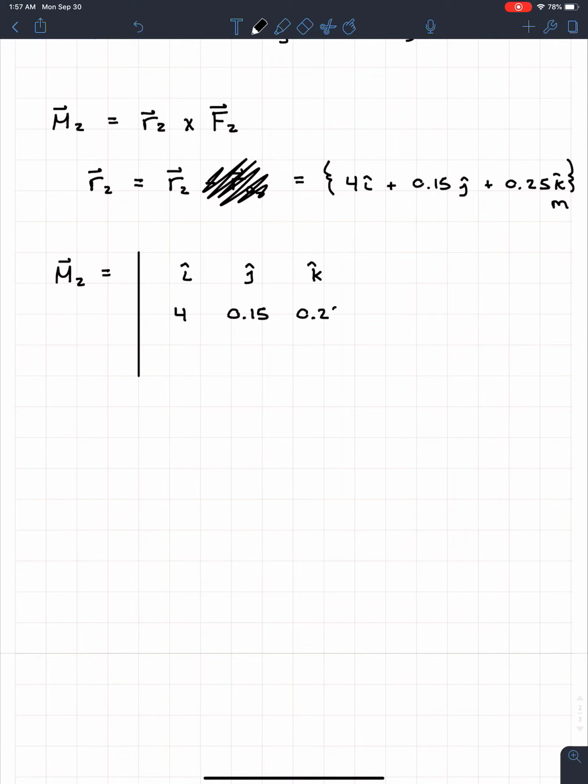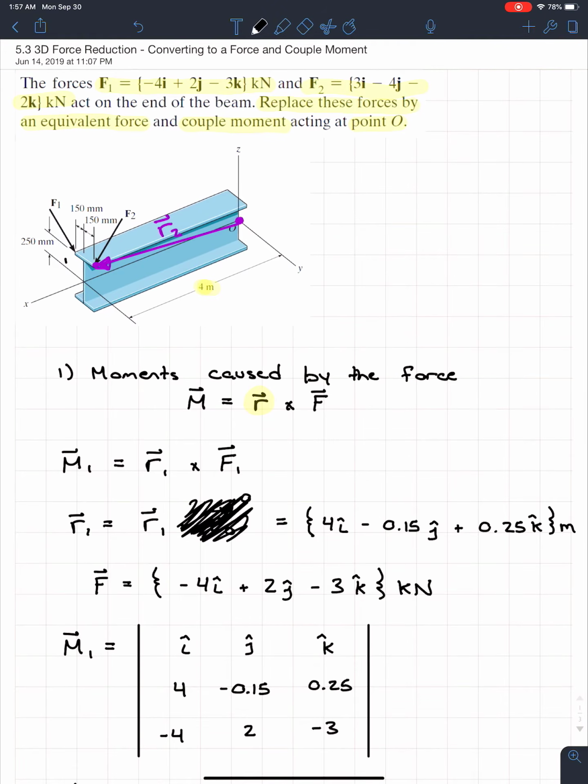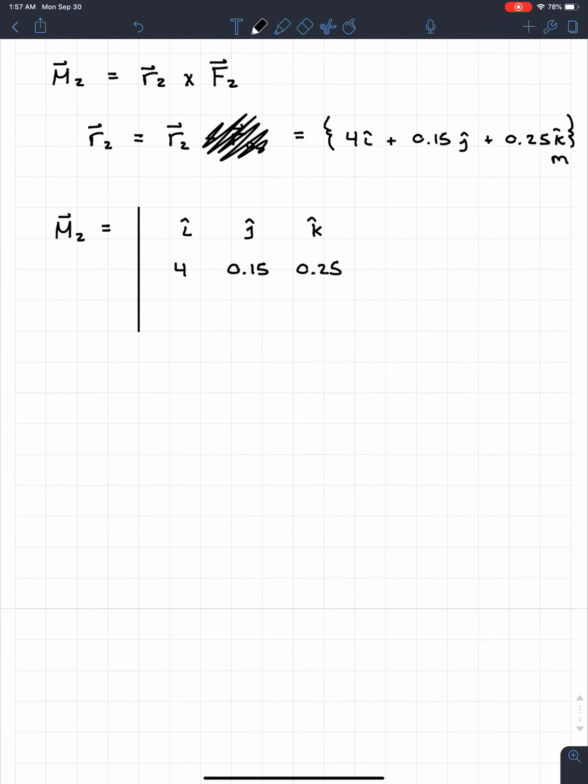And finally, we're going to finish it off with that force vector. So if we look at the top, it's going to be 3, -4, and -2. So we're going to just throw in the 3, -4, and -2. So, ta-da! And we just go through all the math. So we know that it's going to have 3 components.